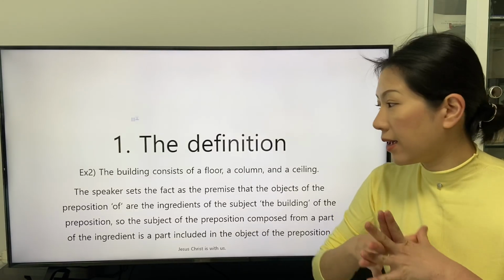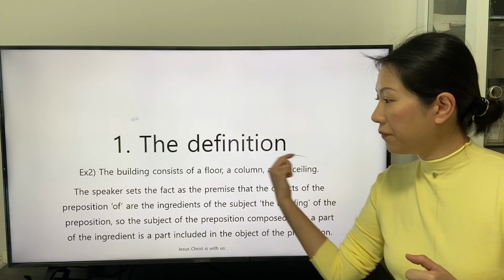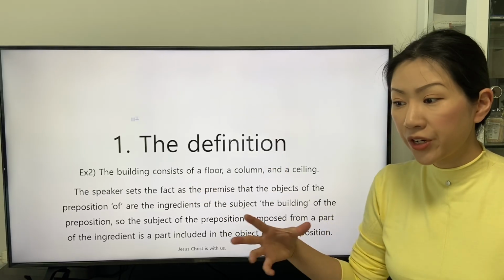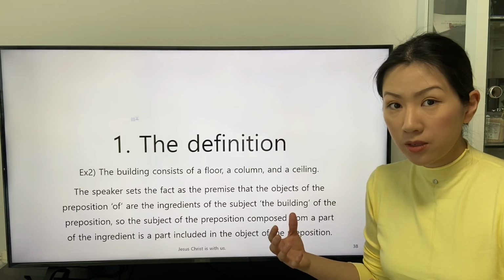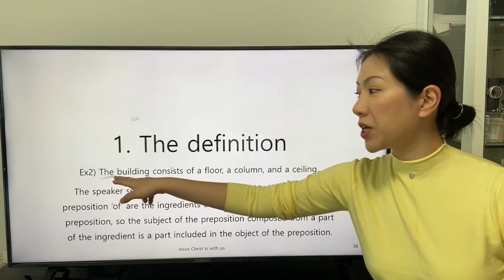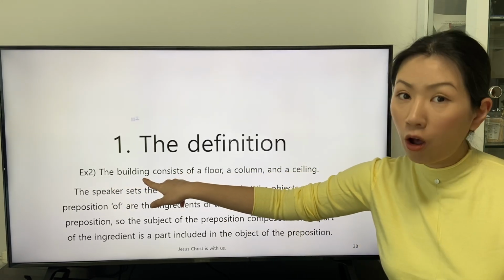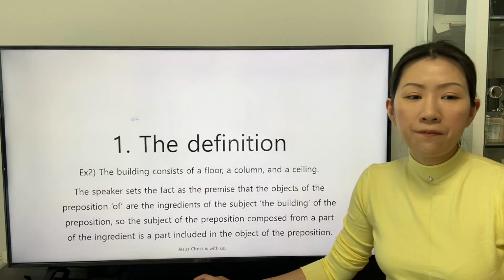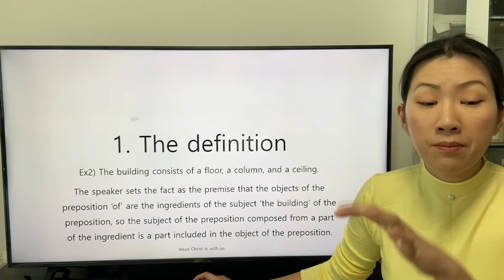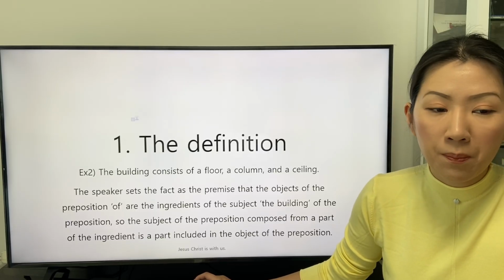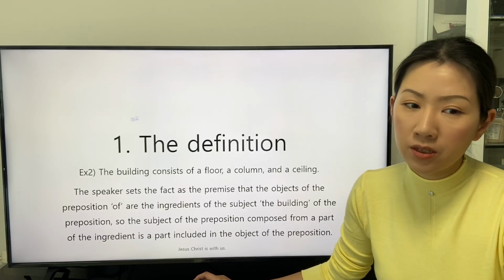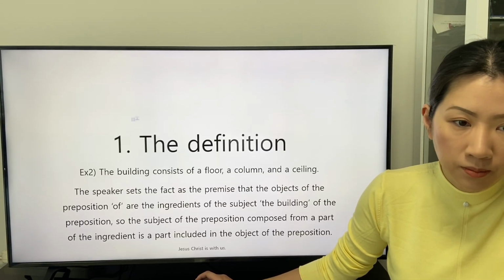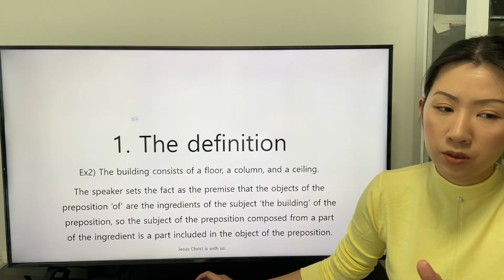So we can understand that the object of the preposition of shares the same trait as the subject of the preposition of. The speaker sets the fact as the premise that the objects of the preposition of are the ingredients of the subject, the building.